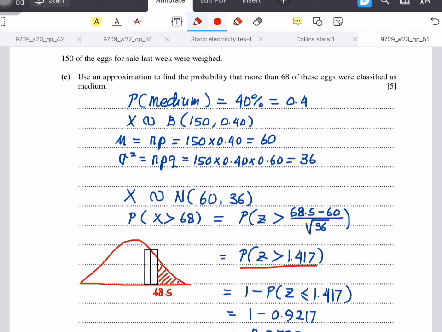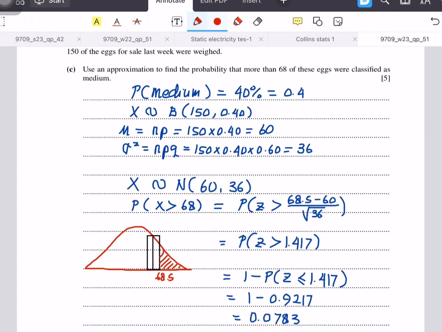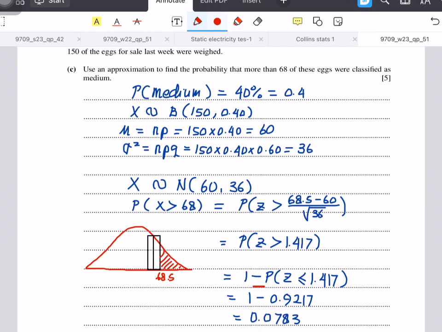The probability z greater than 1.417 is the same as 1 minus probability z less than or equal to 1.417, and then we use the table. It will be 1 minus 0.9217. The answer is 0.0783.